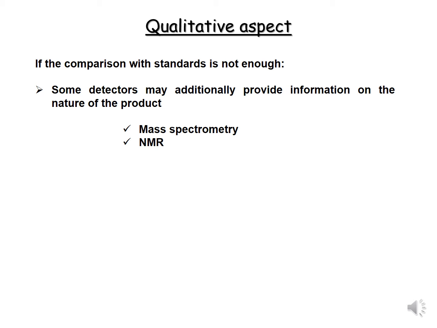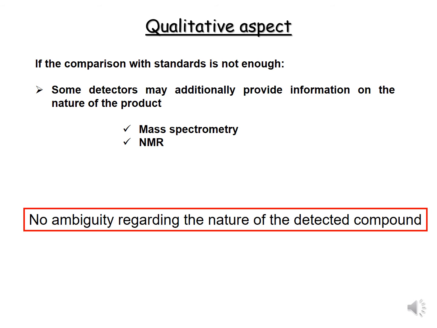You have, for example, mass spectrometry, because with mass spectrometry we have the molecular mass of the compound, and then we have structural information, and you also have the NMR detection. So no ambiguity regarding the nature of the detected compound, because with this kind of detection we have structural information, and with structural information we can of course give all the information about the compound.